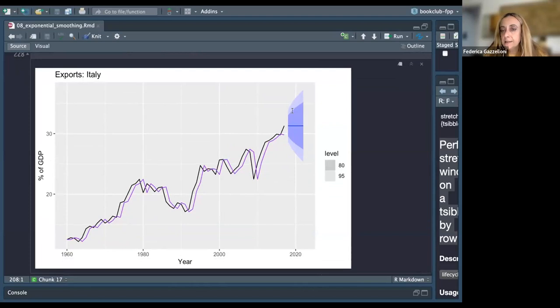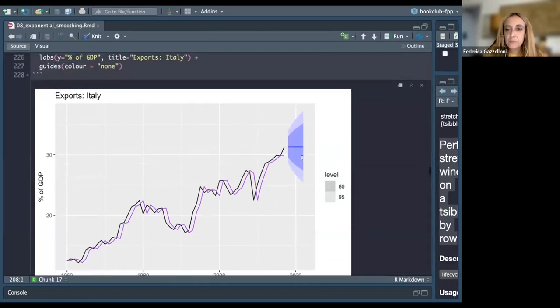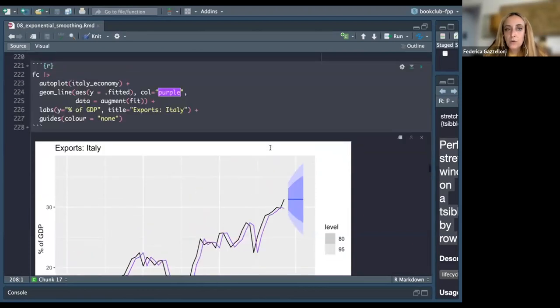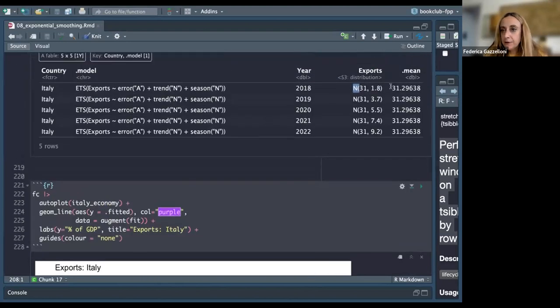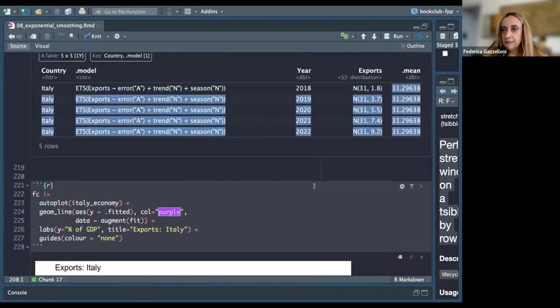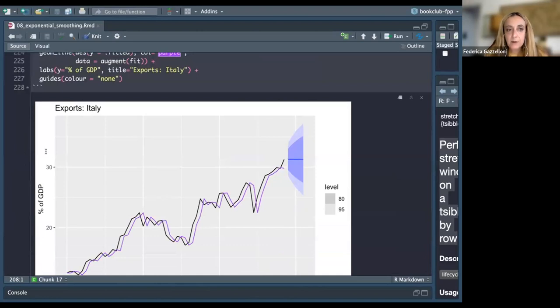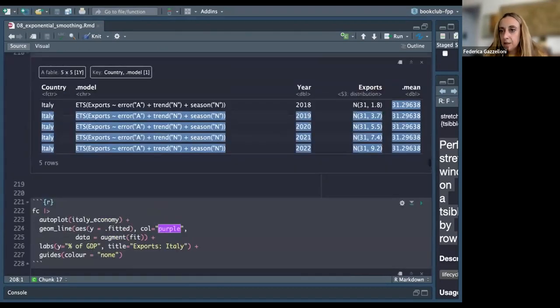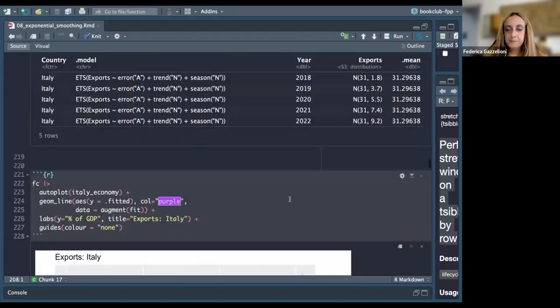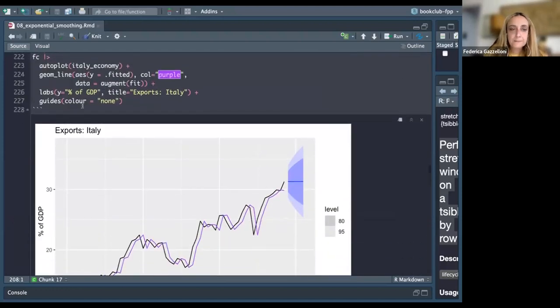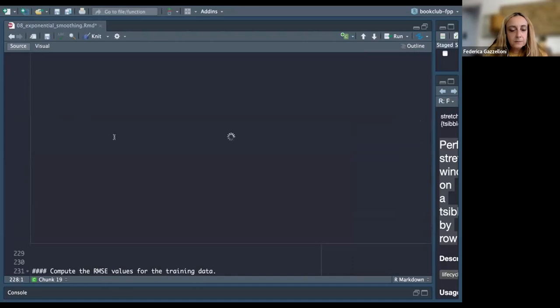These are the intervals, so the 95 percent prediction interval, and this is the average value for the years that we have here. So the estimated mean value, which is about 3129.